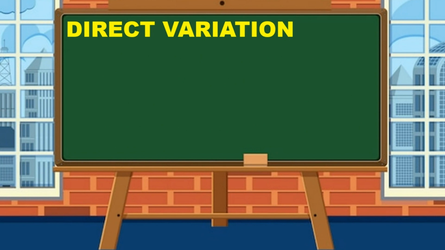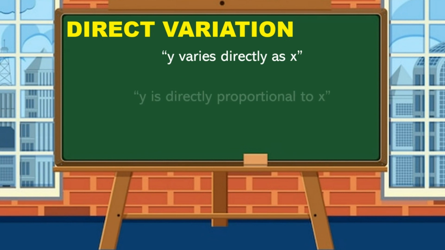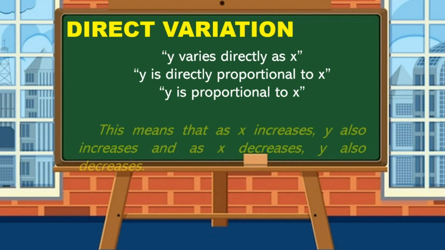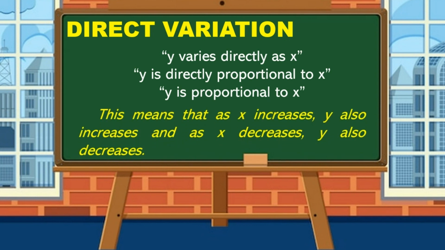These statements can be expressed as: y varies directly as x, y is directly proportional to x, y is proportional to x. This means that as x increases, y also increases, and as x decreases, y also decreases.